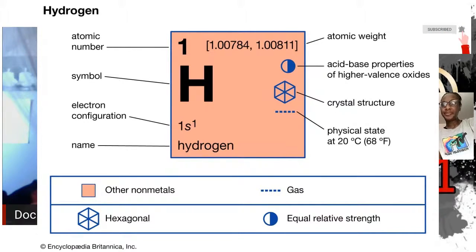But hydrogen does have a solid form in certain conditions, and so they were able to observe the crystal structure of hydrogen atoms when they stack on each other. They make a hexagonal form, basically.